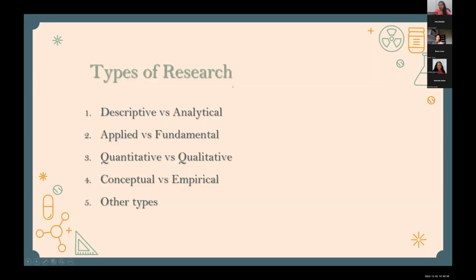Now, there are different types of research depending upon your area of study. It could be descriptive versus analytical. It could be applied versus fundamental. It could be quantitative versus qualitative. It could also be conceptual versus empirical. And of course, there are so many other types depending on your field of study.